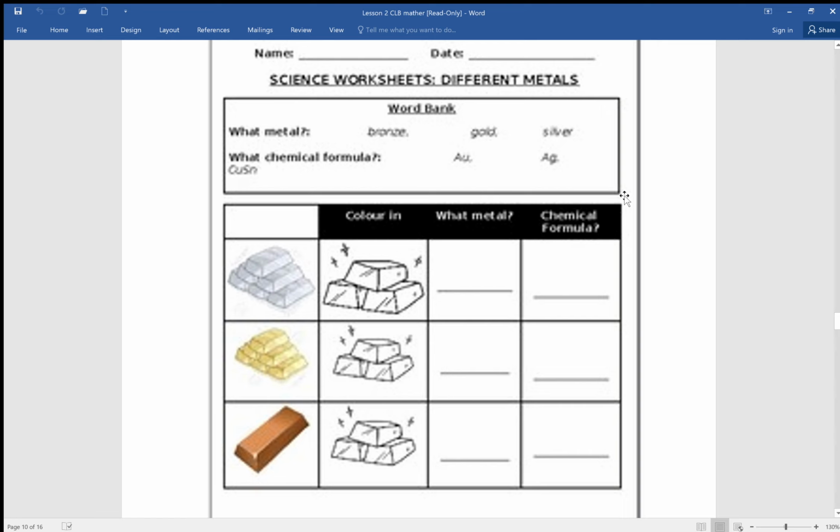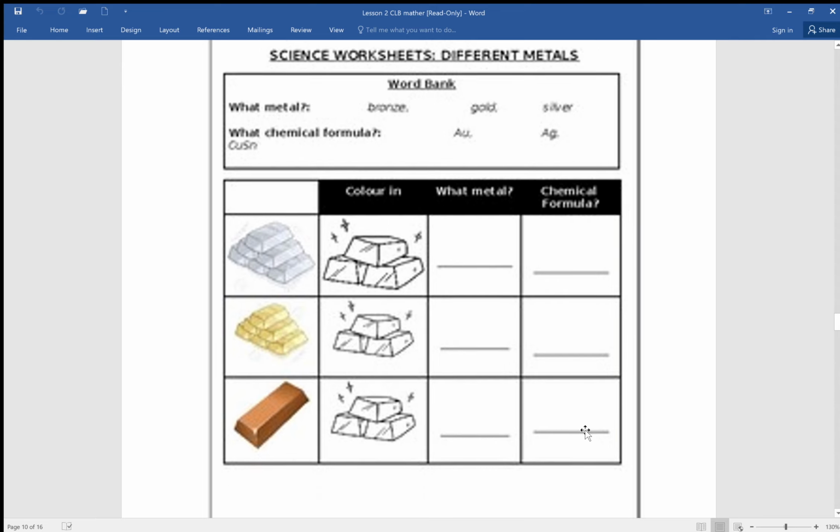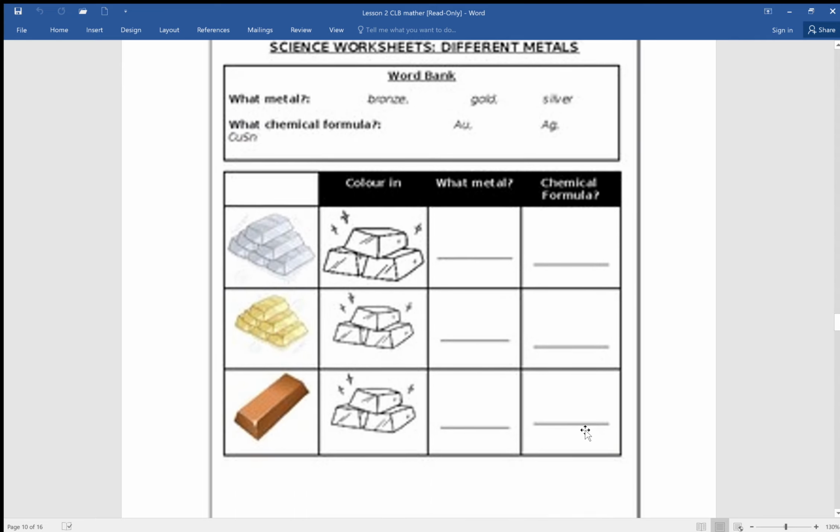What about the gold? What about this one? Yes, it's gold, and its chemical symbol is Au. What about this brown thing? Yes, it's bronze, an alloy of copper and tin, Cu and Sn. So yeah, that's some things you should know about simple metals.